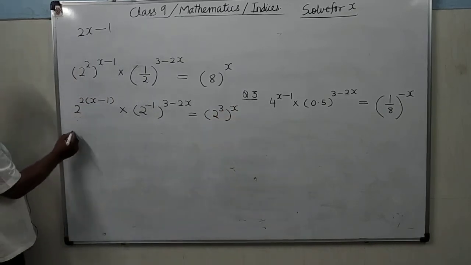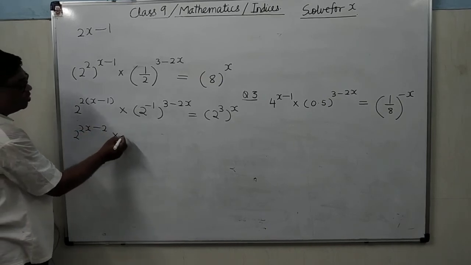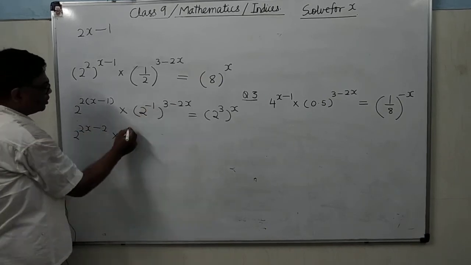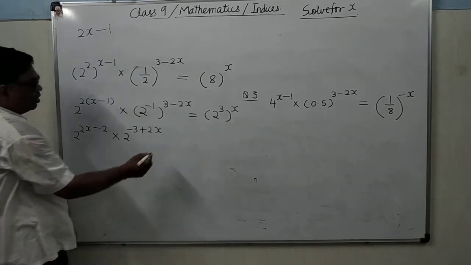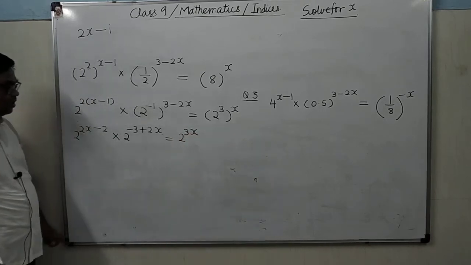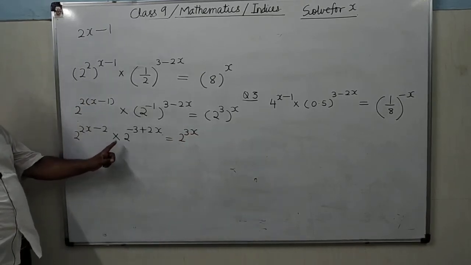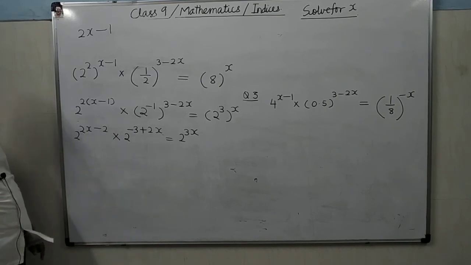Now you can simplify. 2x minus 2. 2 to the power, when this will be multiplied, minus 3 plus 2x equals to 2 to the power 3x. Now here there are two exponential terms in the product and base is same. So what will happen?